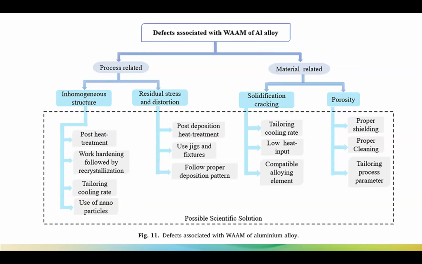Residual stresses will normally be formed during this WAM process. Then solidification cracking normally happens. Then porosity is a common issue with the WAM process. So these defects are still being reported in products manufactured using WAM.